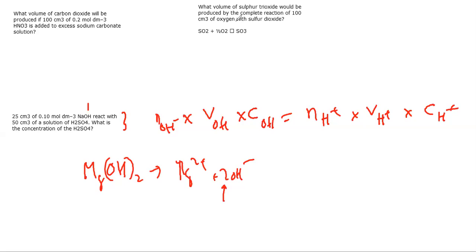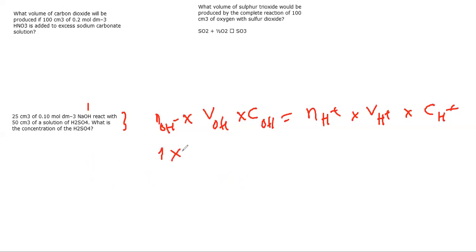All right. Next, meaning if you have this, then you will have 1 OH here, and then you multiply by 25 cm³ of NaOH, and then times 0.1 equals the number of H+. In this case, you have 2 H. So 2 times the volume, which is 50 cm³, times the concentration of H+, right?